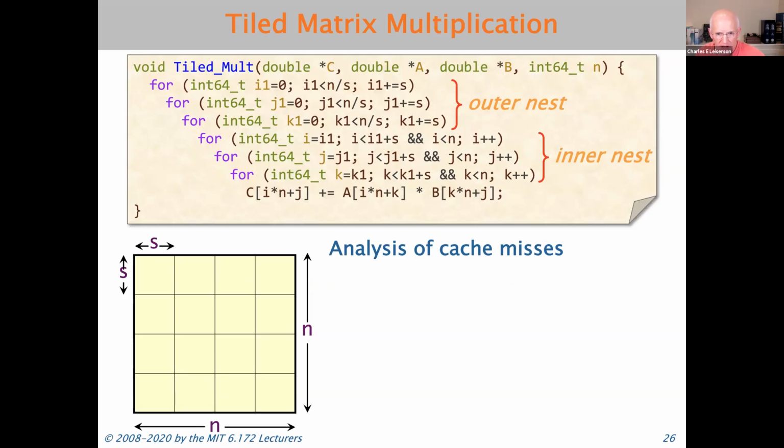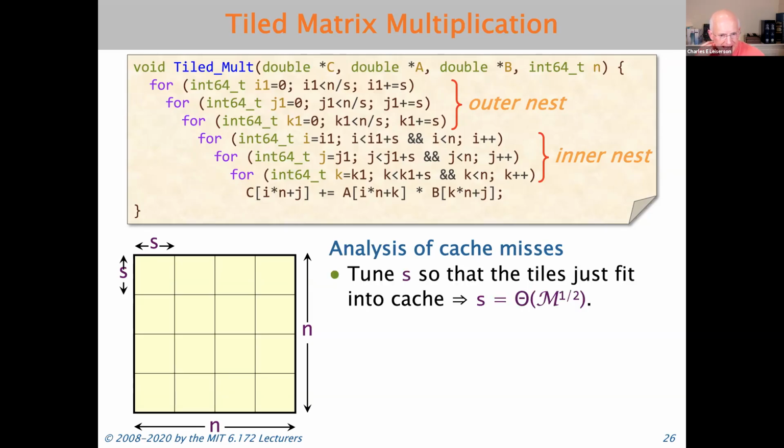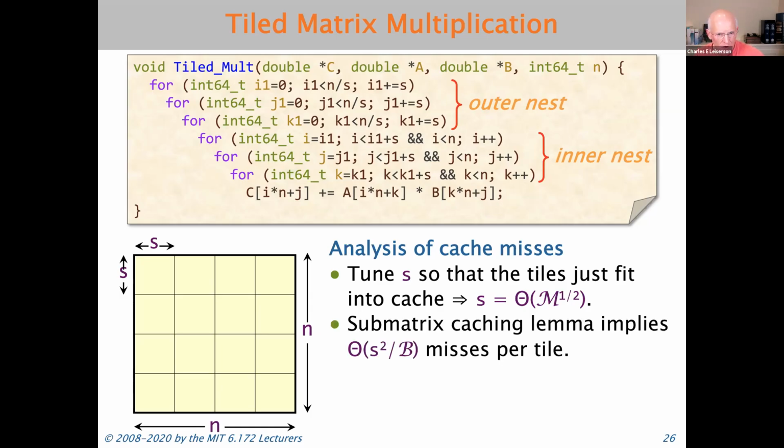So let's pick S so that tiles just fit into cache, so S is order the square root of M, and this is where we use the submatrix caching lemma. That implies I can bring in a whole tile and only get S squared over B misses per tile, even though it's doing S cubed work. That's great.